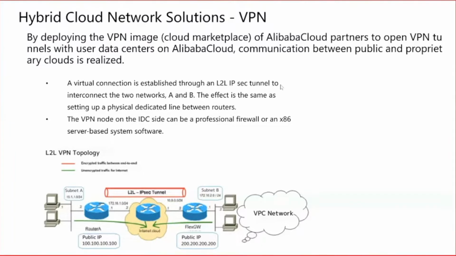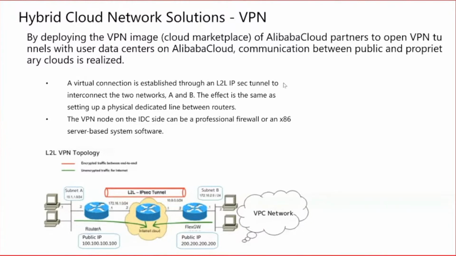For example, if the ZStack private cloud network egress is 100 Mbps, and the VPN bandwidth purchased on Alibaba Cloud is also 100 Mbps, the IPsec tunnel transmission bandwidth can be close to this value.